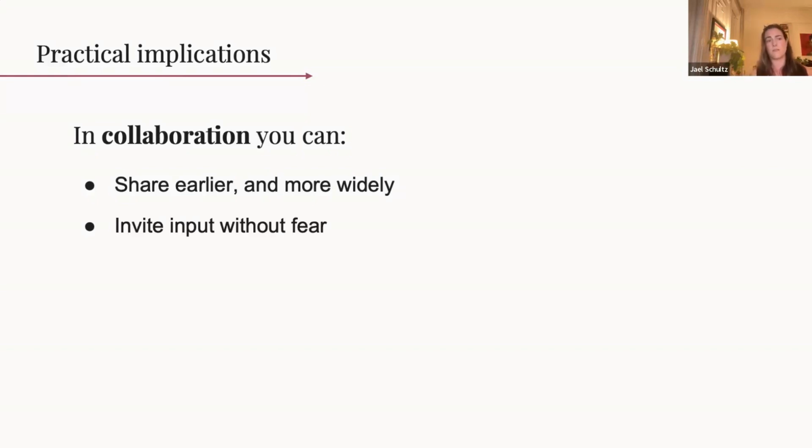That also lets us invite input without fear. Specifically the kind of fear that comes from worrying about looking less than perfect and not having every answer. And this is something that I don't think that we should be judgmental of ourselves about, because it's a very human instinct, probably not something that you'll ever set yourself free from completely.